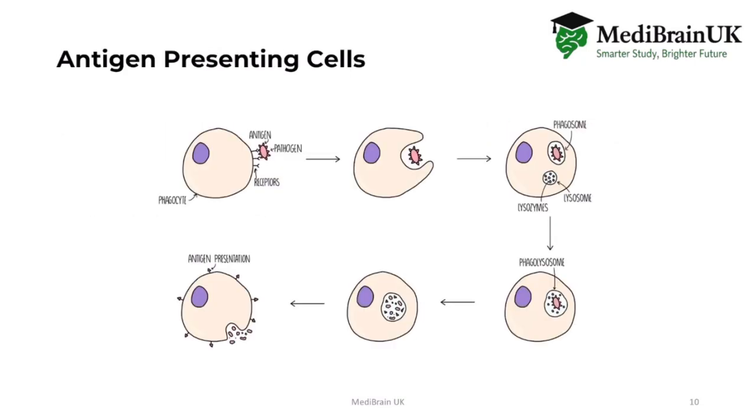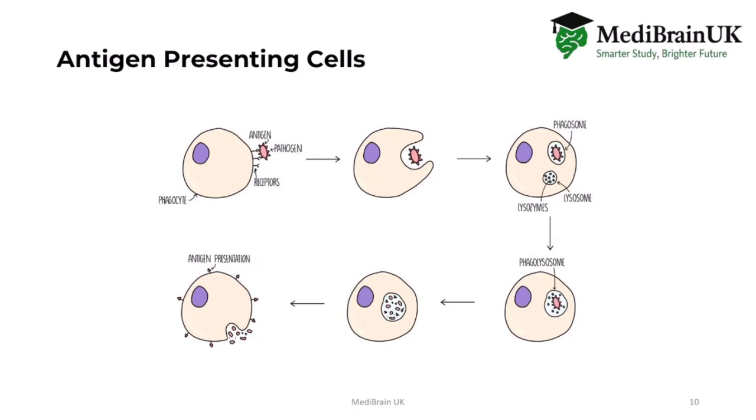Okay, so as I said, this diagram is the first part of how a phagocyte becomes an antigen presenting cell. Then your cell mediated response is when your T helper cells are activated because their receptor binds to the antigen which is present on this antigen presenting cell, such as this phagocyte.